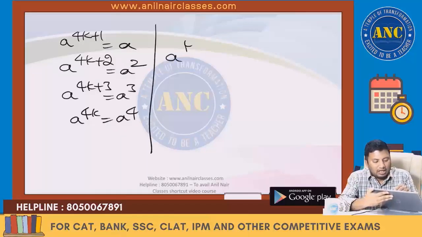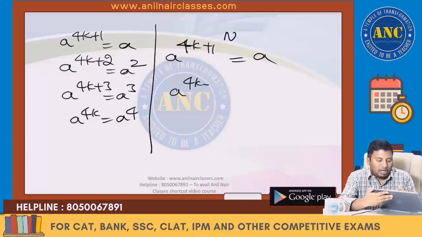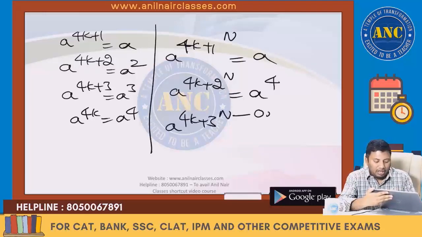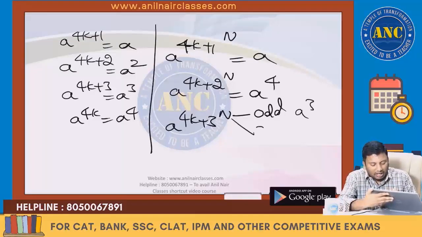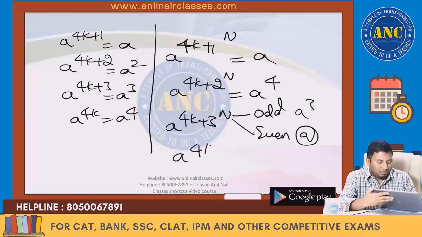Similarly, for a power 4k plus 1 power n, a power 4k plus 2 power n, and a power 4k plus 3 power n: if n is odd, it is a cube; if n is even, it is a power 4.